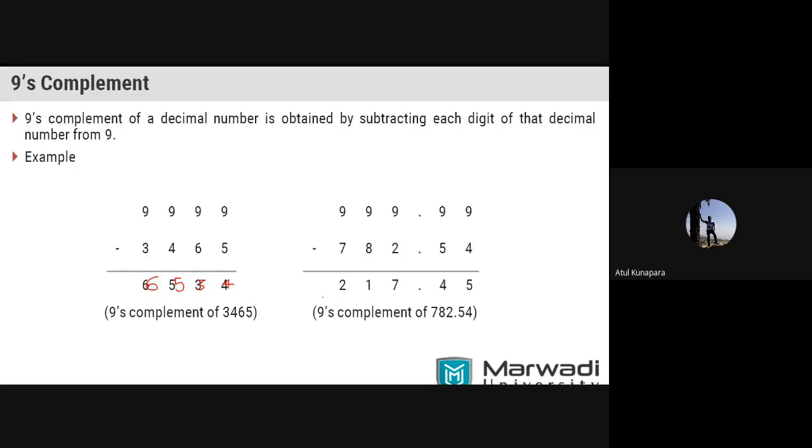If I just give you one more thing so that you easily understand, this is your given number, or you can say this is the number given in the decimal number system.